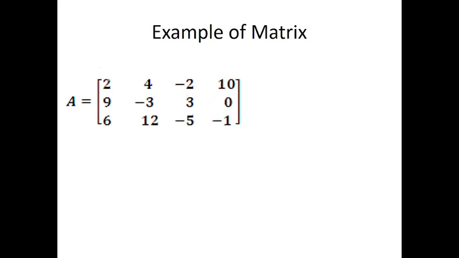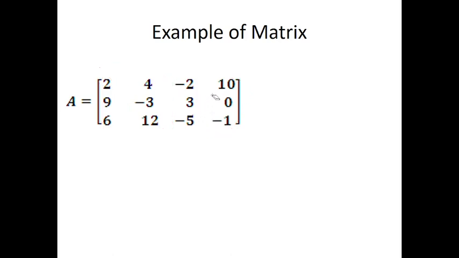Then we have 2, 9, 6 as elements in the first column; 4, negative 3, 12 in the second column; negative 2, 3, negative 5 in the third; and 10, 0, negative 1 in the fourth column.